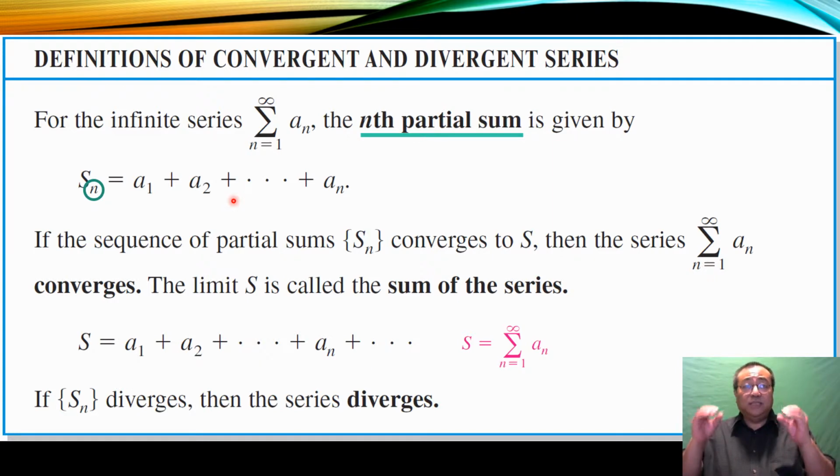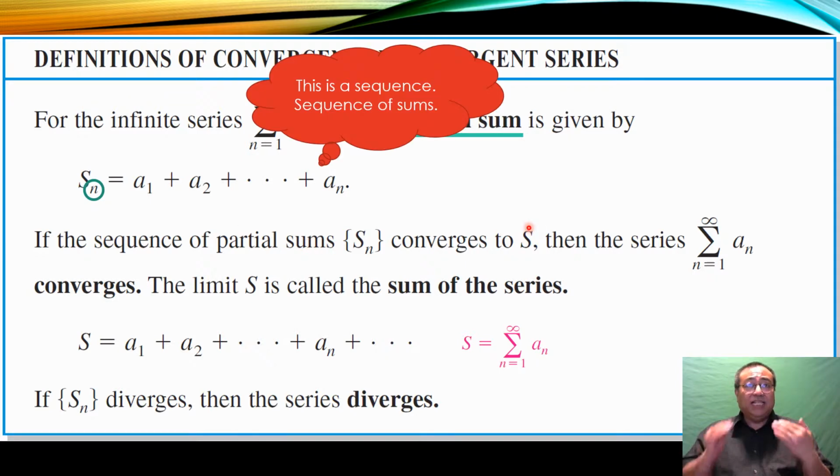Now, this partial sum itself is a sequence. This is a sequence of sums. This is kind of confusing, because an infinite series is made up of a sequence of sums. What we're looking at is what's happening to these sequences of sums. Remember, a sequence can converge.